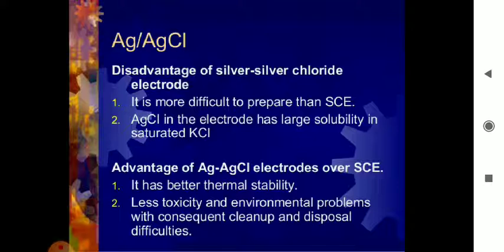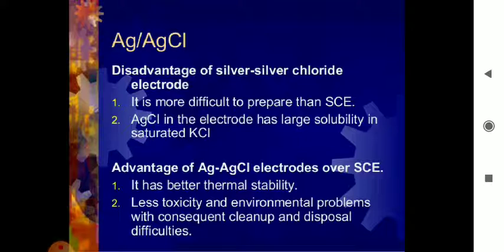Now along with this, there are also advantages of the silver chloride electrode over the standard calomel electrode. It has better thermal stability than the SCE, and less toxicity and fewer environmental problems, with the consequent cleanup and disposal difficulties.